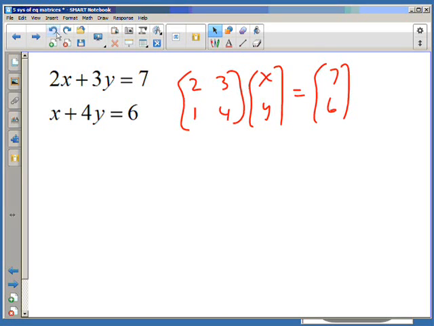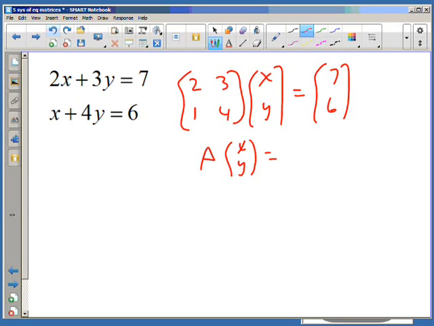So let's talk about this as a matrix. Call this matrix A. This will be our variables x and y, and then matrix B. Okay, so if we want to do some fairly basic algebra, we could undo the coefficient A here, it's a whole matrix, by multiplying by its inverse. And if we do it to one side, we can do it to the other.